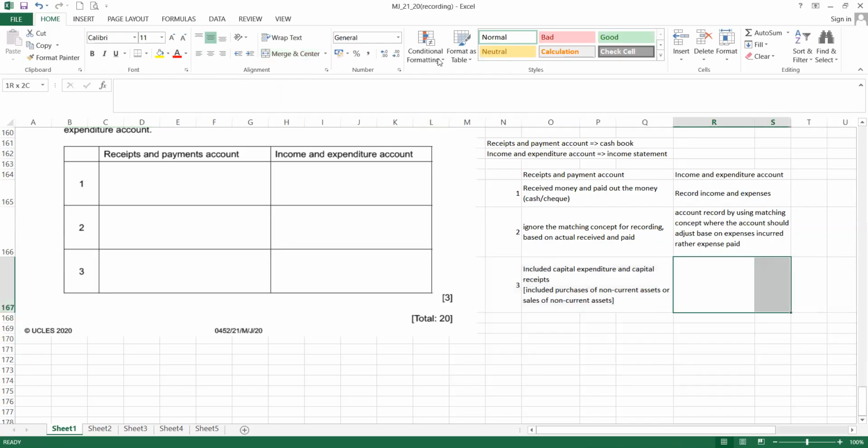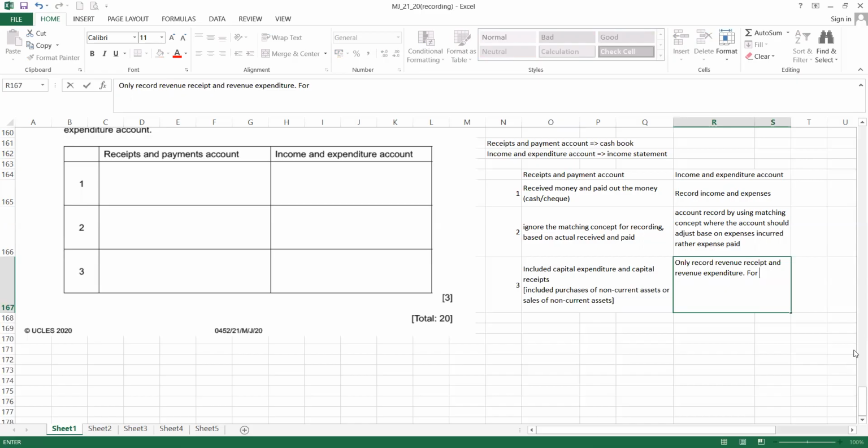We now come to the income and expenditure. It only records revenue receipt and revenue expenditure. Okay.